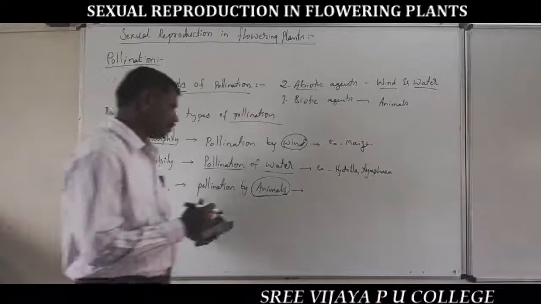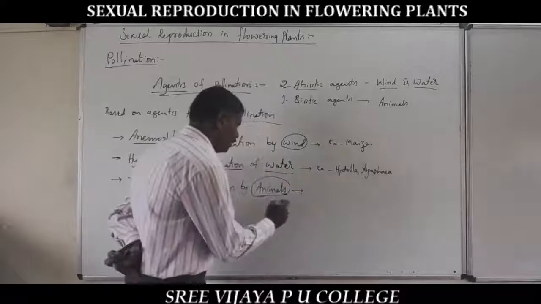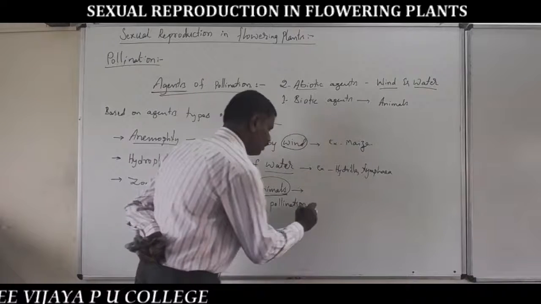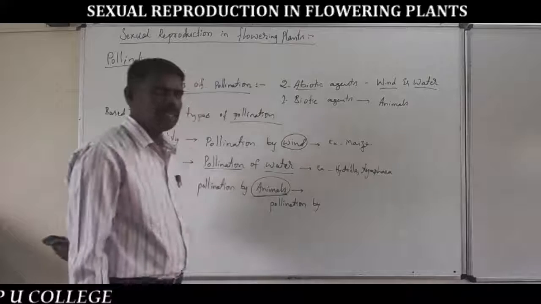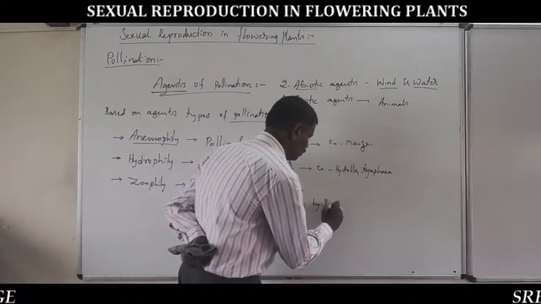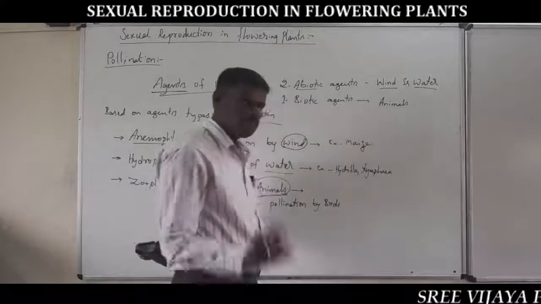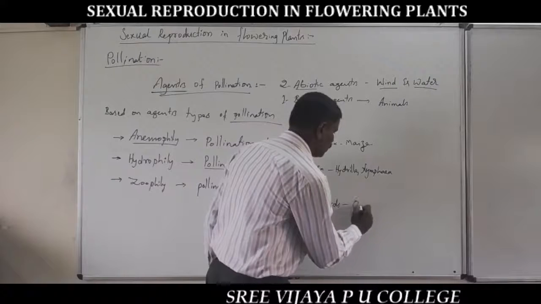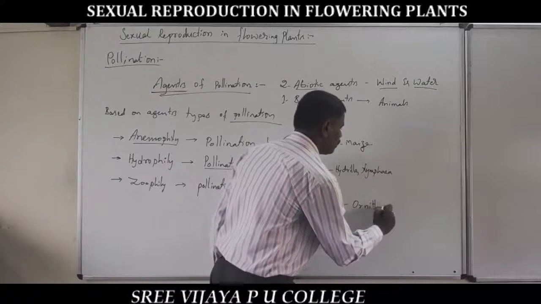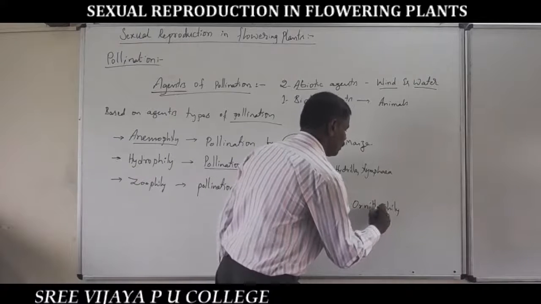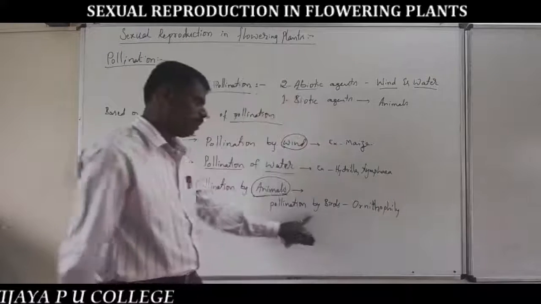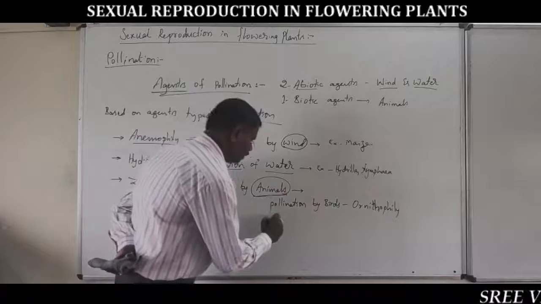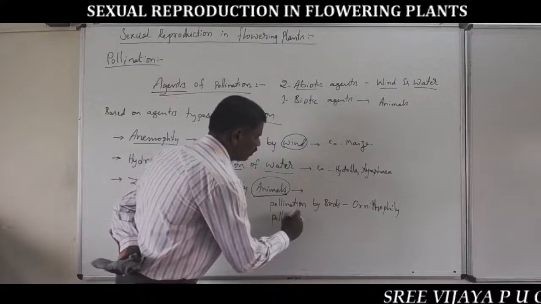Like pollination by birds. A small hummingbird also helps in pollination. Pollination by birds is called ornithophily.